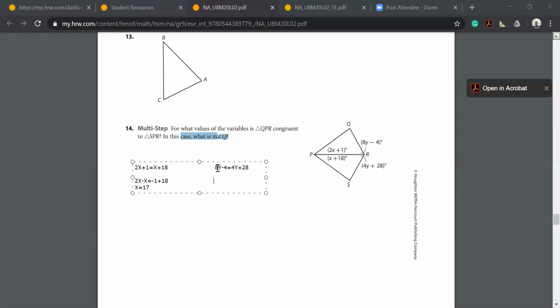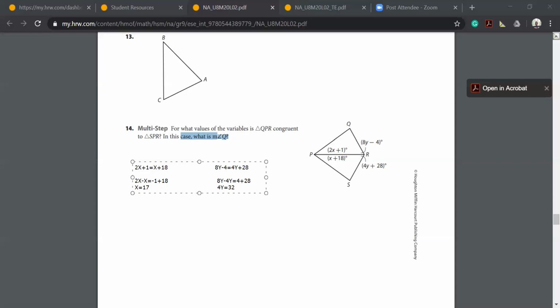Again, I will bring y here and 4 to the other side. So 8y minus 4y equal 4 plus 28. I'm changing signs. And then 8y minus 4y is 4y equal 4 plus 28, 32.